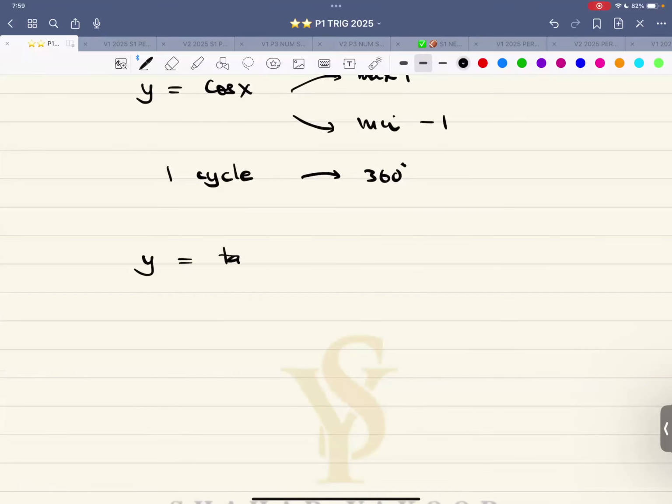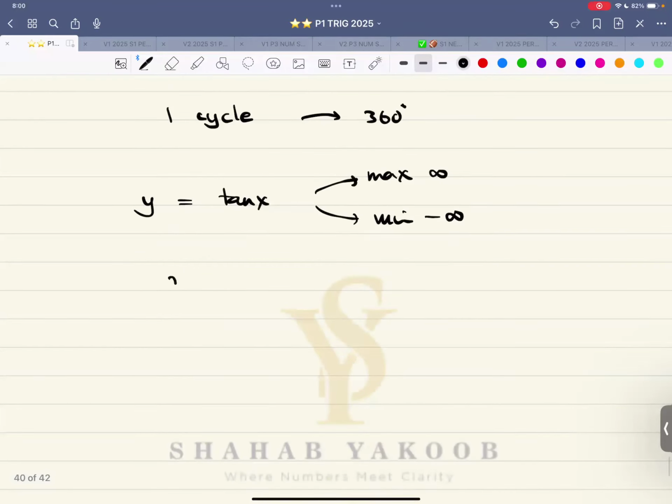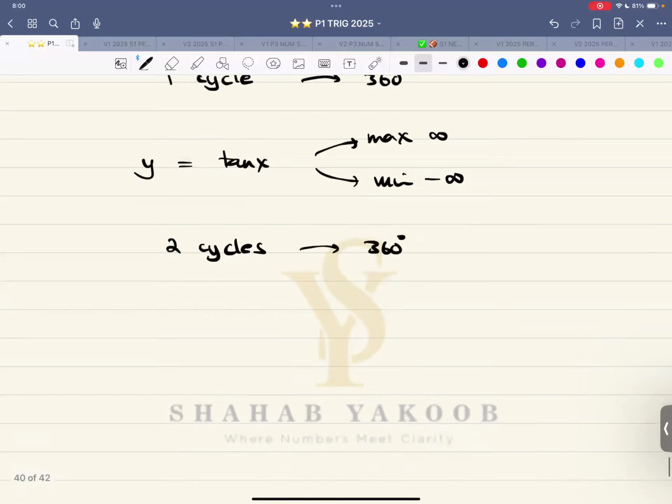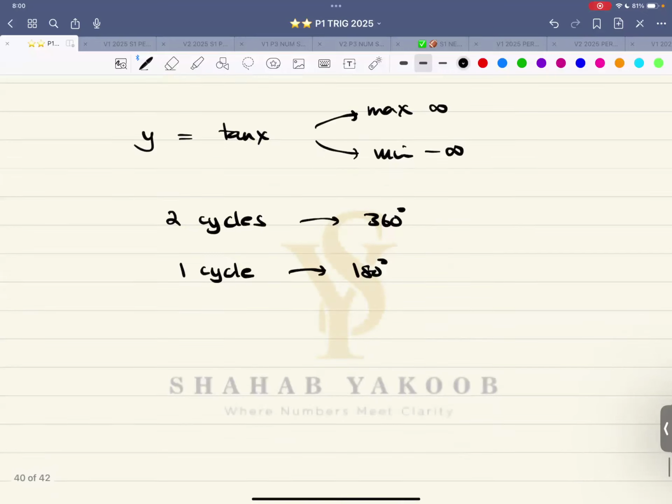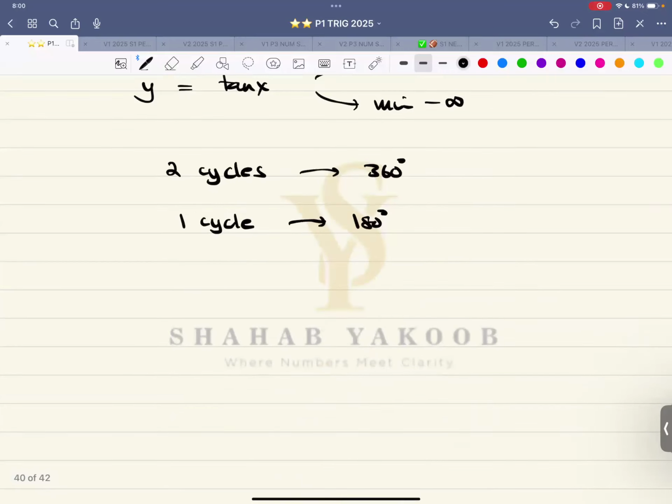Y equals tangent x. Maximum is infinity. Minimum is negative infinity. And 2 cycles are made in 360 degrees, or we can say one cycle is completed in 180 degrees. There is something special about it. At 90 degrees, there is a vertical asymptote, and there is another vertical asymptote at 270 degrees.